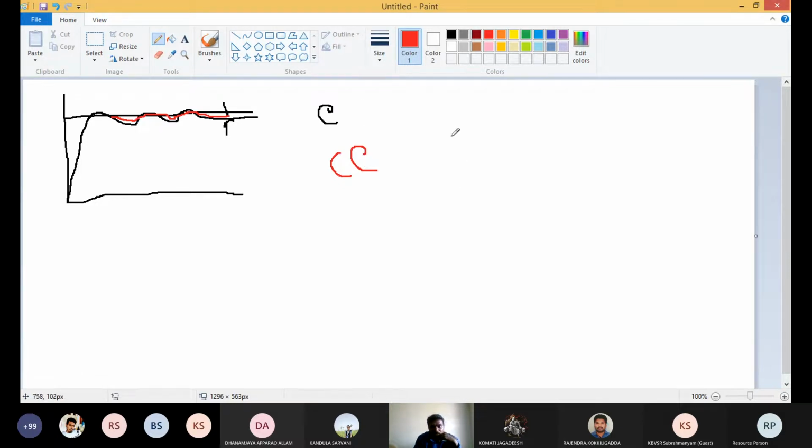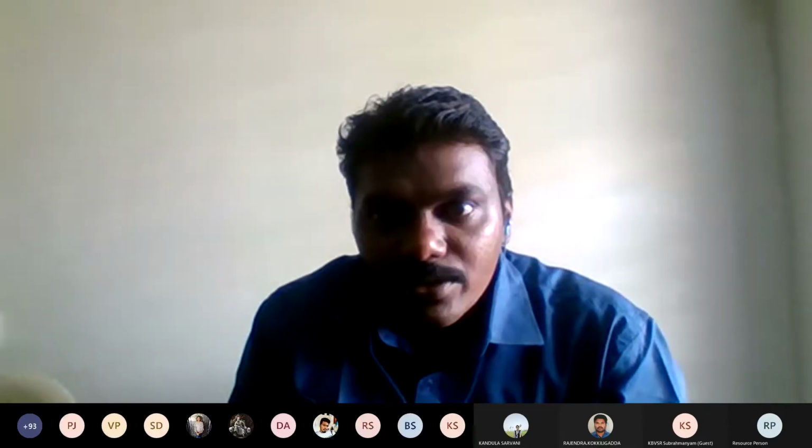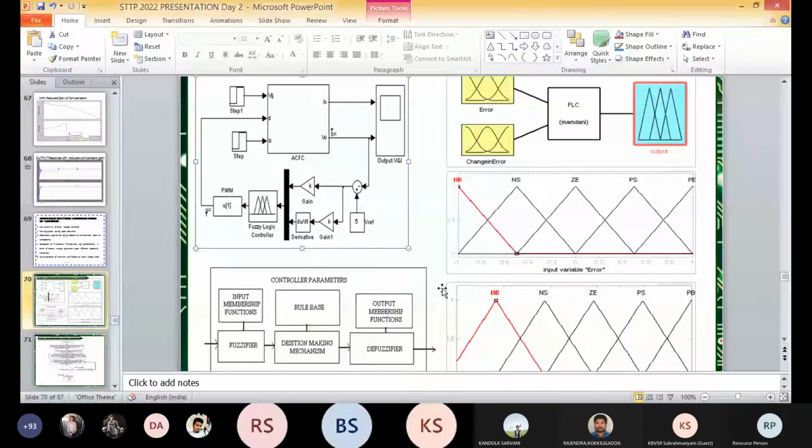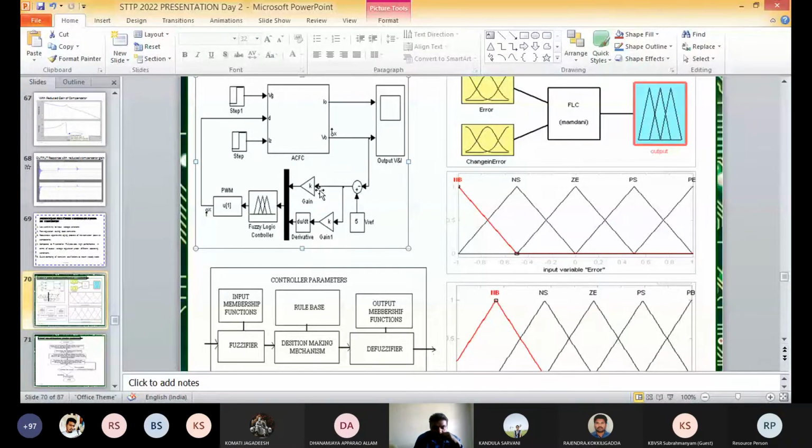That means while forming the fuzzy logic controller, we need to take two parameters. One is the error, the other one is the changing error. So in the fuzzy logic controller we are taking the two.